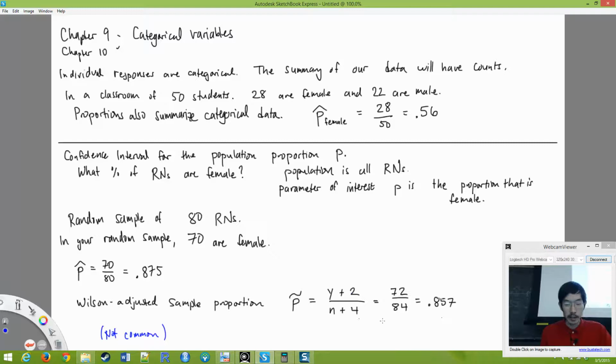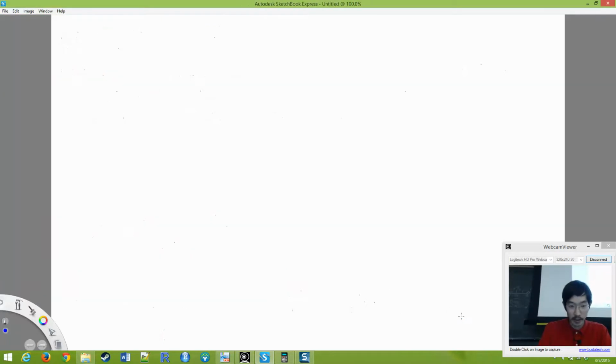All right, so anyway, we're going to make a confidence interval for p based on p tilde. Again, our data: we have 80 nurses, 70 are female.